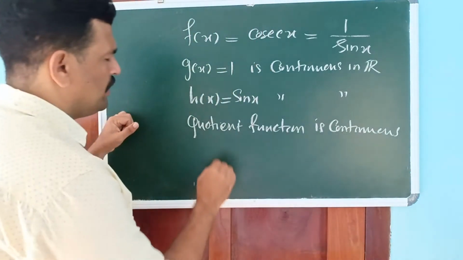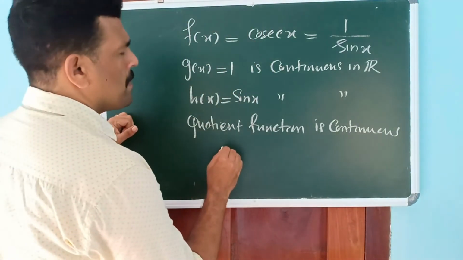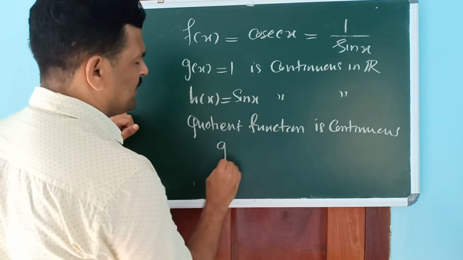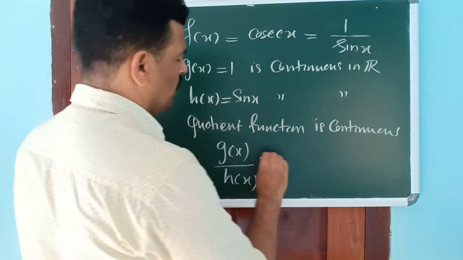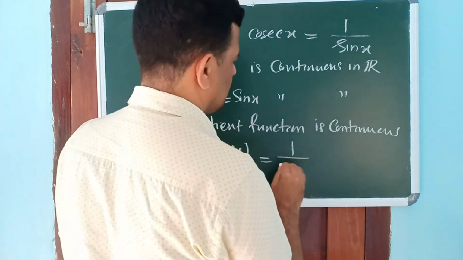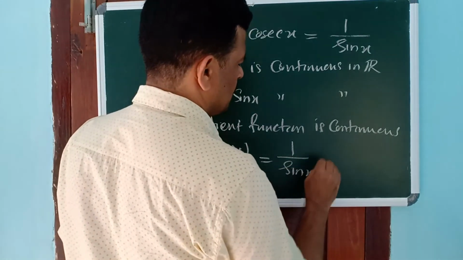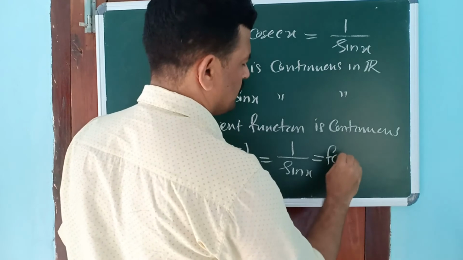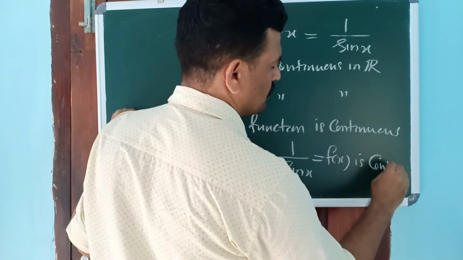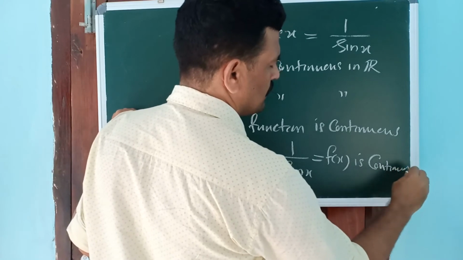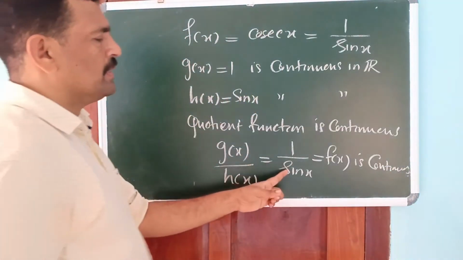Therefore, we can write g of x divided by h of x, that is equal to 1 by sin x, equal to f of x, is continuous.